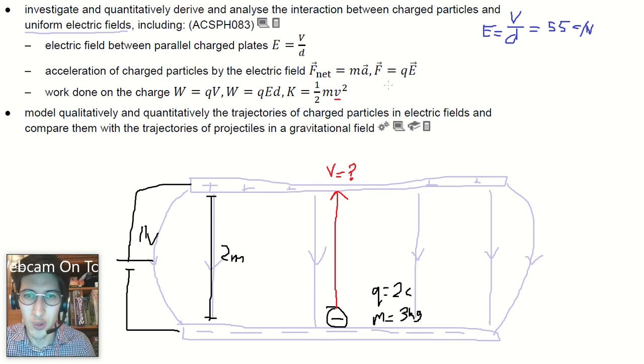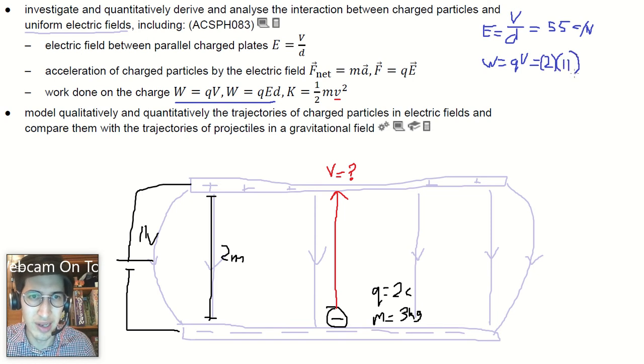Okay, now from that we need to work out the amount of work on it. So we can use either of these. Let's just use the first one. Work is equal to QV, which gives us the charge we've written is 2. V we've said is 11.